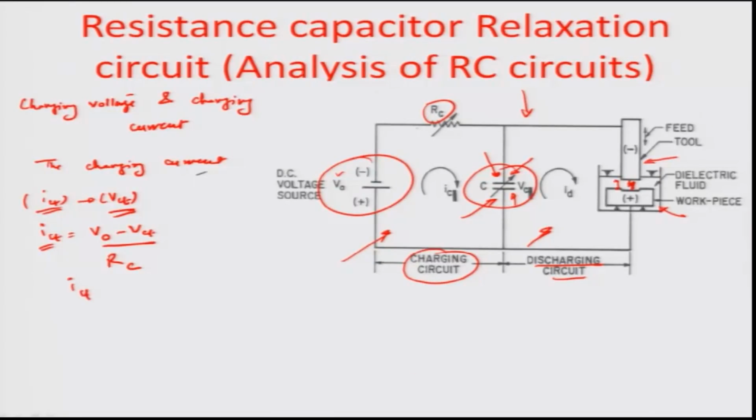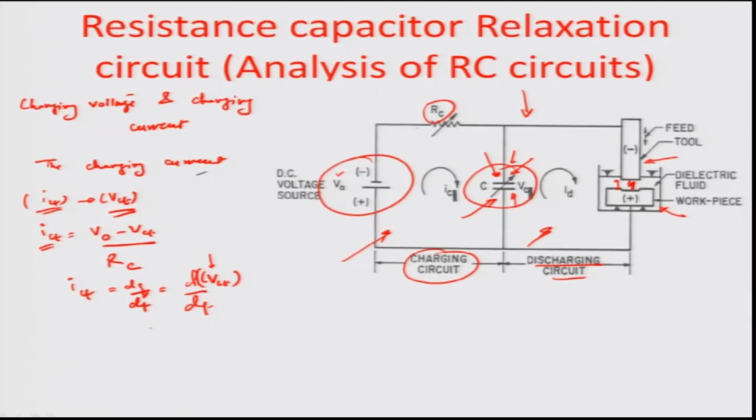Also, if we look at the capacitive side and the way the voltage and charge vary, the charging current ICT is also expressed as the rate of flow of charge into the capacitor, which can be recorded as d(CVCT)/dt, where CV, as you know, is the total charge on the capacitor.